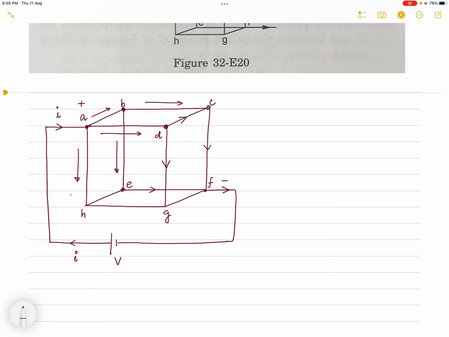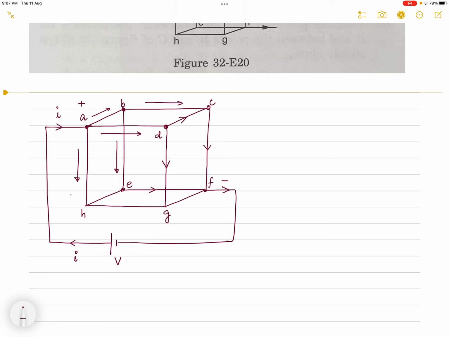When they move from the point A, the paths AB and AD are the same, which basically makes us understand that equal amounts of current should flow from A to B and from A to D.